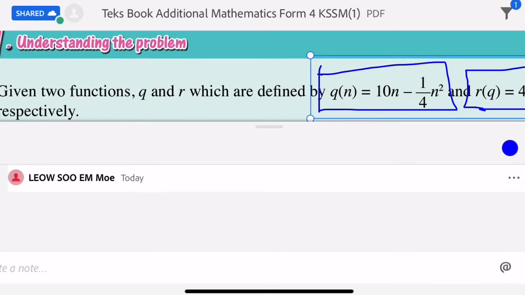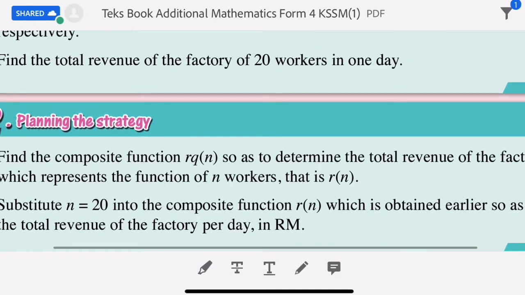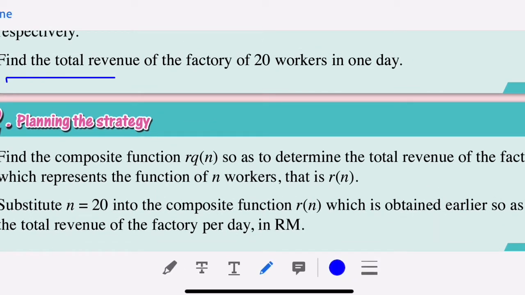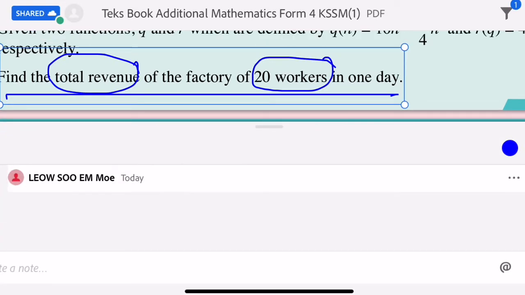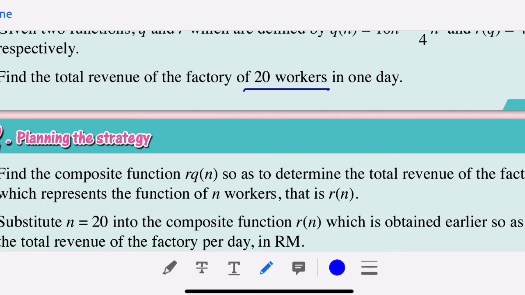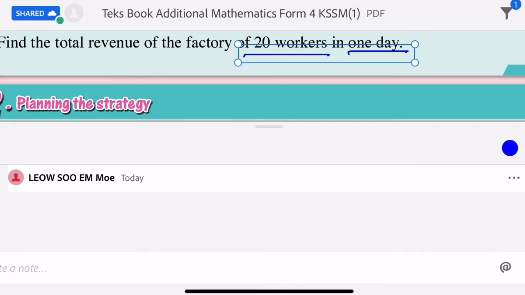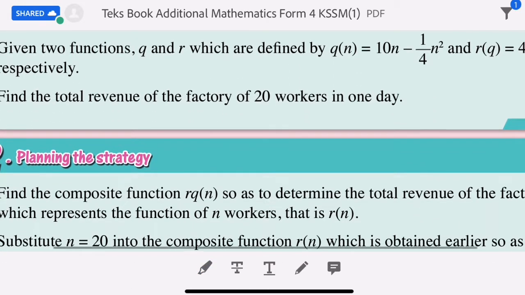So we jot down the functions. What the question wants is the total revenue for 20 workers in one day. When you read the question, you highlight 20 workers in one day. It's not 20 days, it's 20 workers in one day. That means you understand the question.